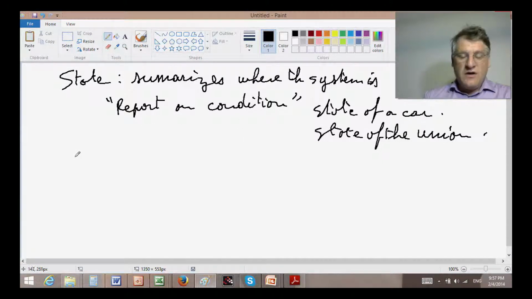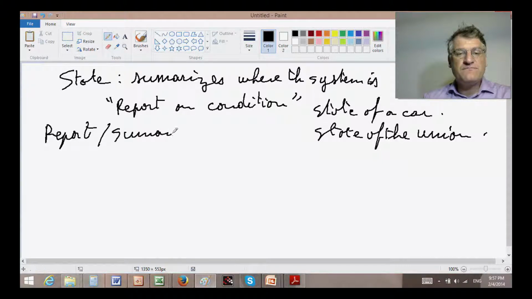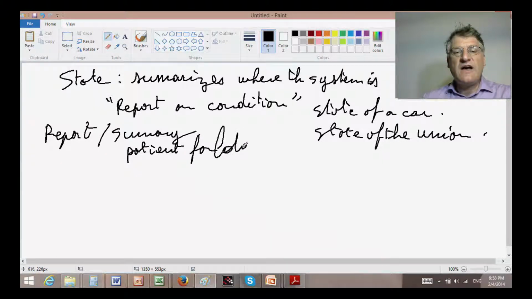So intuitively, the state is a report or a summary of where the system is. It may, by the way, also be your patient folder at your doctor's place, or not only your doctor, but also your lawyer.